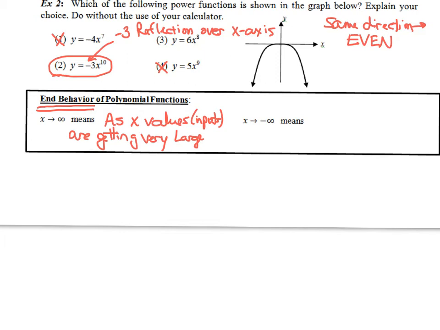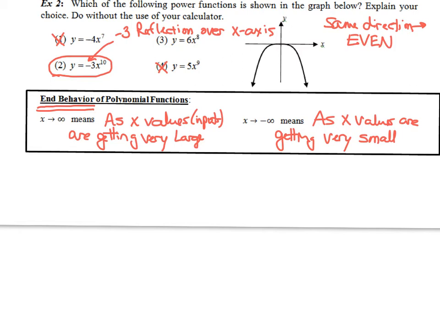If I've got the notation x arrow negative infinity, that means as the x values are getting very small. Now, very small, another way to think of that is a very big negative number. So as I'm going to the left side of my graph, as my x value is approaching negative infinity.